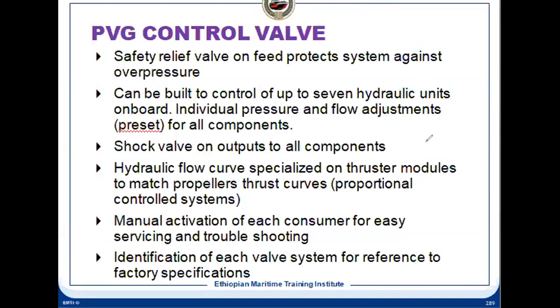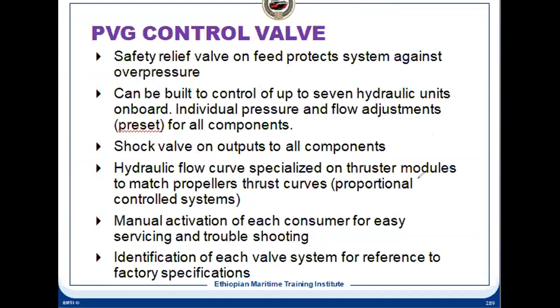And the thruster also, there is a hydraulic flow curve that has to be matched. It means that for high efficiency, it has to match the propeller thrust, because propeller thrust and this flow, that is the displacement, there is a relation. It has to be proportional control.